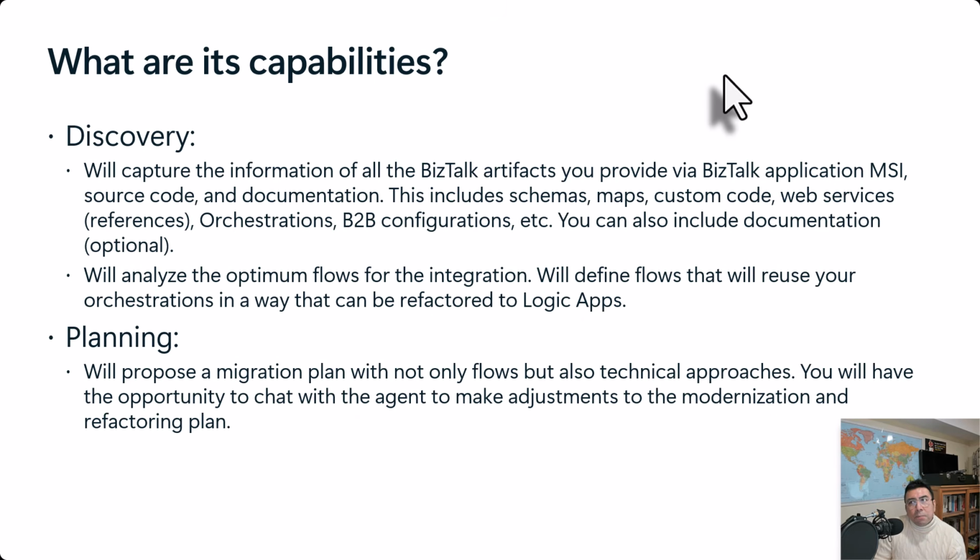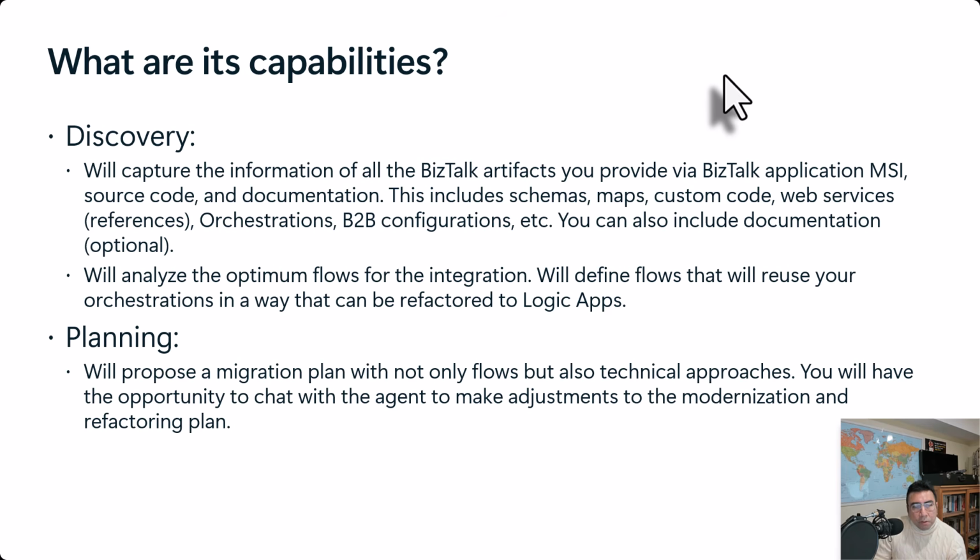This is one of the things that we really liked about the agent when we had the concept of providing customers a tooling to help them come to Logic Apps: to provide an end-to-end process of modernization. Although we call it migration agent, it's really a refactoring agent, right? Because, as you will see in a few minutes, it will do multiple things.